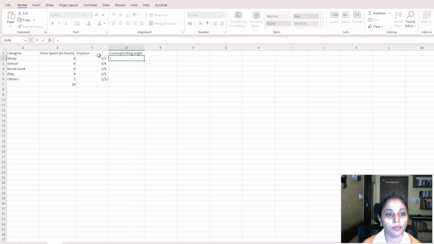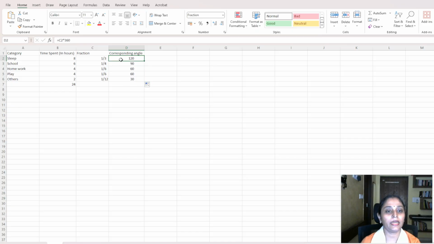Simply, you have to multiply this fraction by the total angle in a full circle, 360 degrees. So I multiply it by 360 and we have the answer, right? You can see that for sleeping you have 120 degrees, for school you have 90, for homework 60 degrees, playing 60 and others is 30.